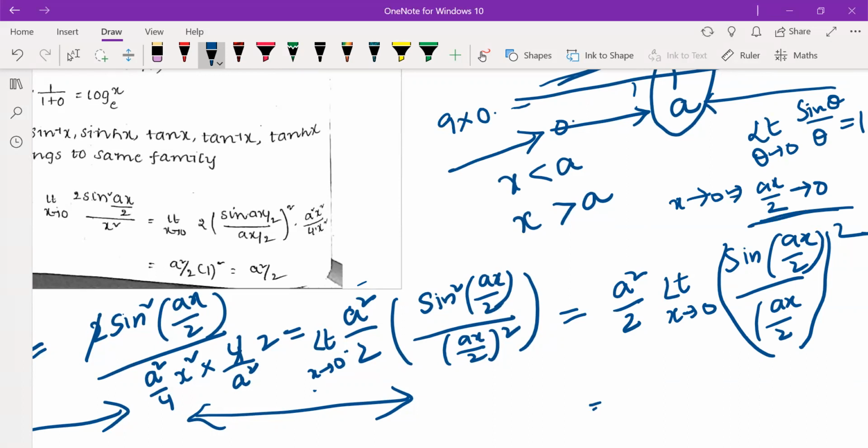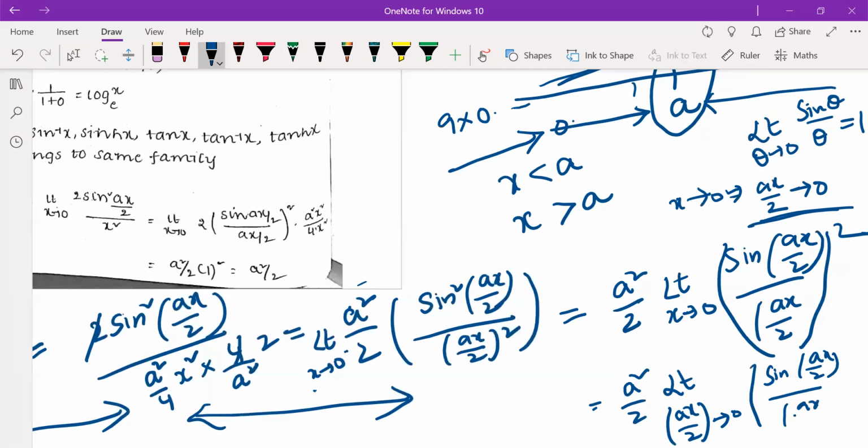So this can be taken as a square by 2 into the limit x tends to 0, that implies x by 2 tends to 0, of sin ax by 2 by ax by 2 whole square. As this is 1, the limit as theta tends to 0 of sin theta by theta is equal to 1, even this looks the same. So this value is 1, 1's whole square.